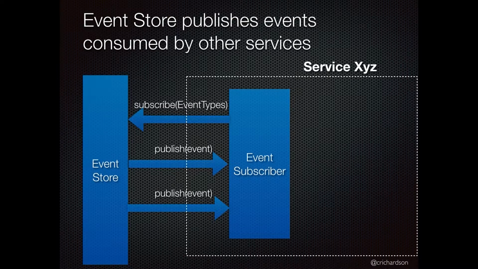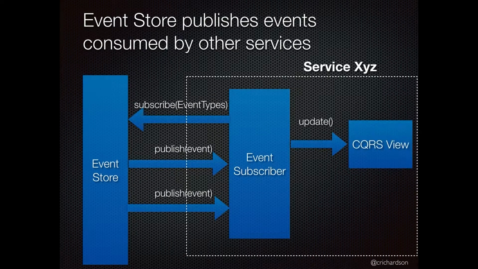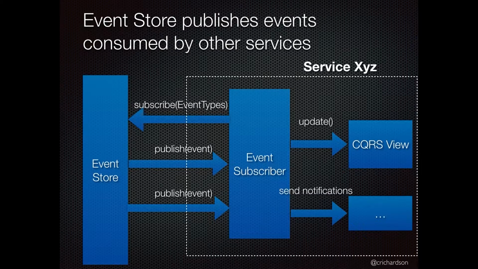They could, for example, update a materialized view of the data. And I'm going to talk more about that later. Or perhaps they could send out notifications. You could have an event subscriber that, when an order gets approved, sends out an email. Or perhaps it sends out a text message via Twilio. There's no end of the different kinds of things that you could do.